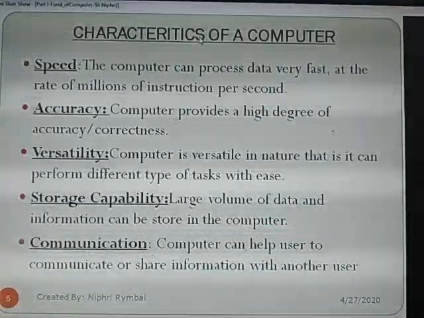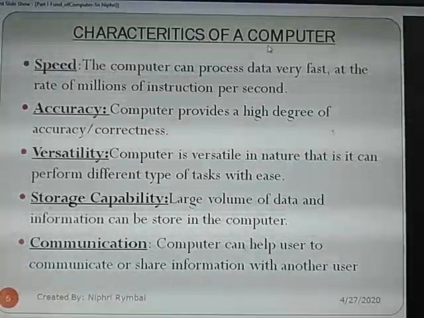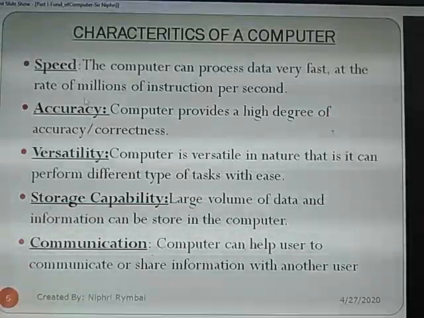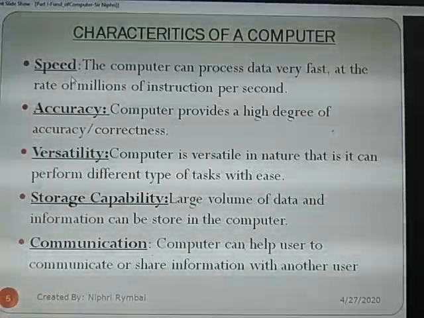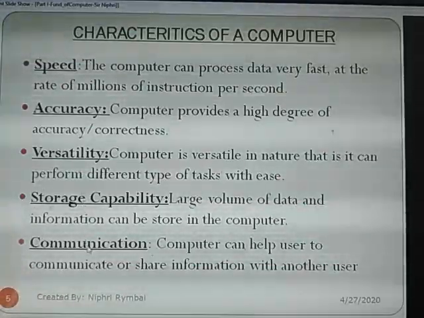Next, we will discuss the characteristics of a computer. Some of the important characteristics of computer are speed, accuracy, versatility, storage capability, and communication.